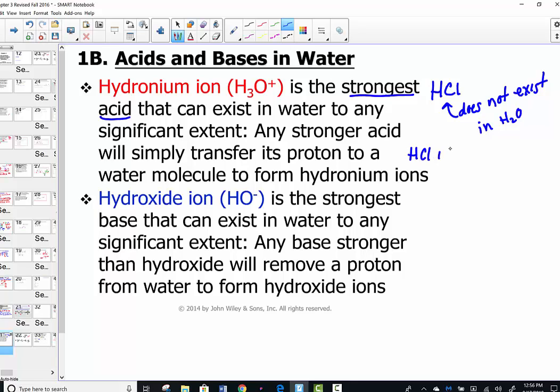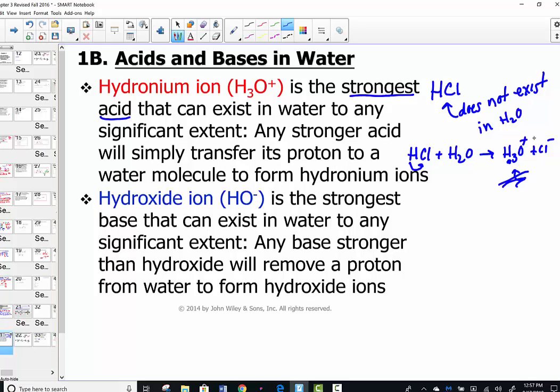What it's reminding us is, if indeed HCl is strong, and it is, it's not going to keep the hydrogen on the chlorine. It's going to transfer its hydrogen to the water to create the hydronium ion. So this is the strongest acid that actually exists in water. If you have a stronger acid, it's going to let go of its H to make hydronium.